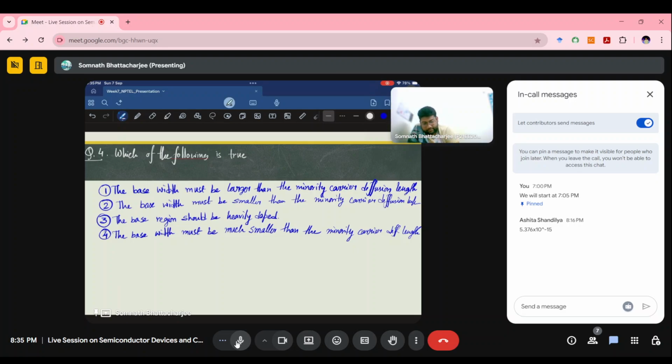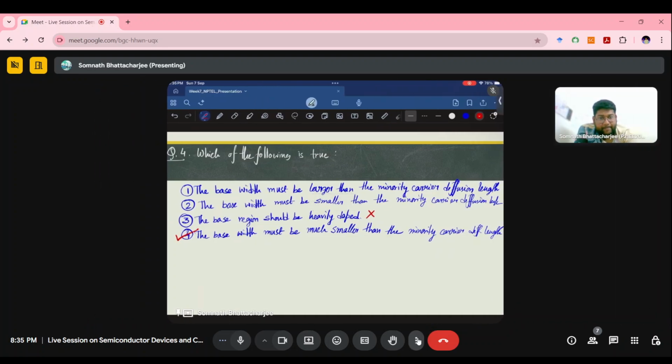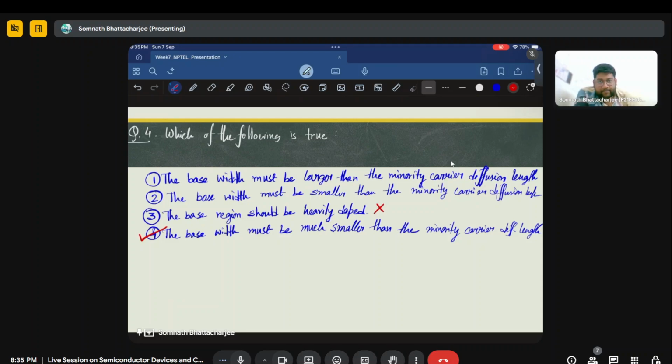Sir, the fourth one. Yeah, fourth one, and why? So that is correct. The first one is obviously wrong, as we have already discussed in the previous one. So why are the first one and the second one wrong? Because as compared to emitter and collector, the width of the base region is very less. Yeah.